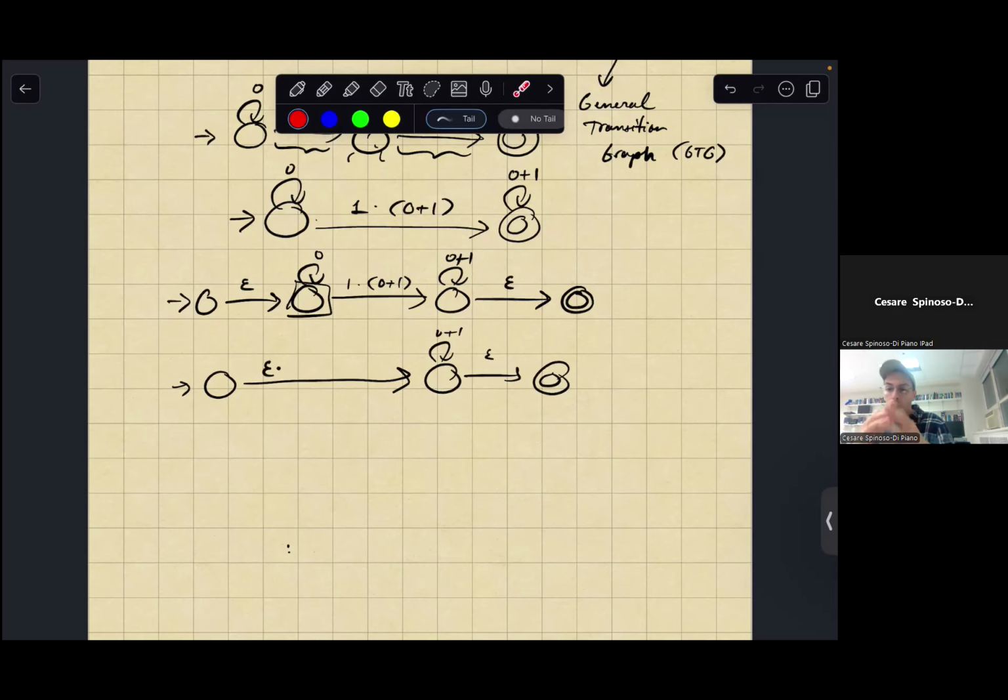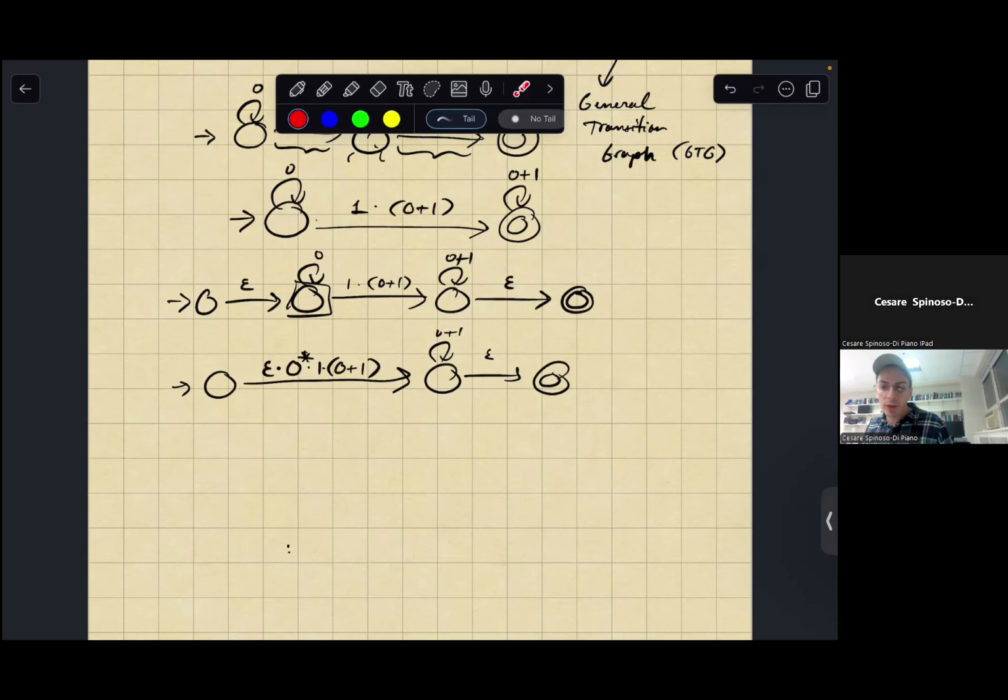Now, what are the strings that go through this intermediate state? Well, they start with the epsilon or the empty string. Then they have any number of zeros. In terms of regular expressions, that's something that looks like 0 star. And then they end with 1, concatenate 0, 1. Right? So that's 1, concatenate 0 or 1.